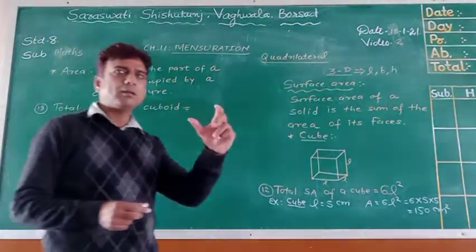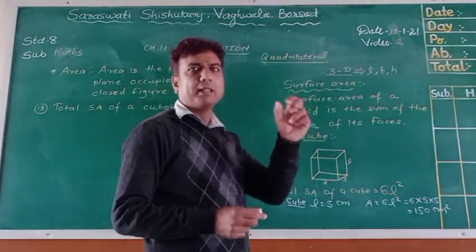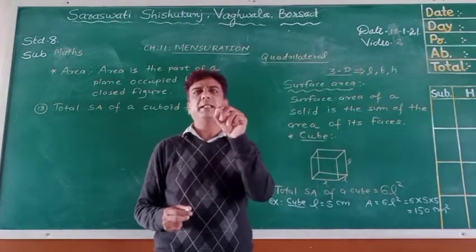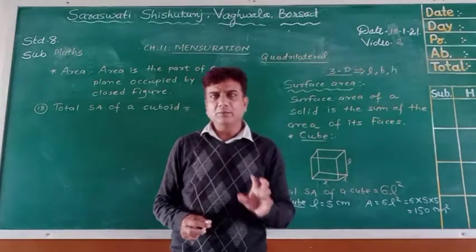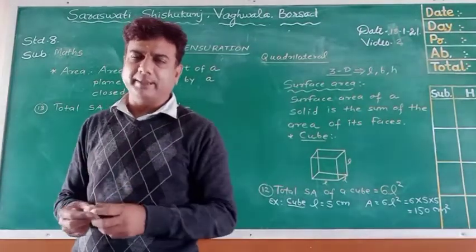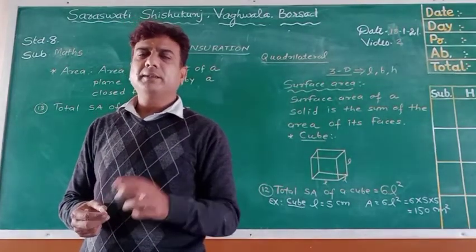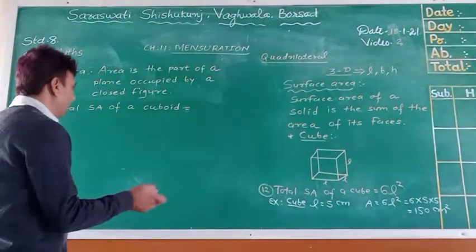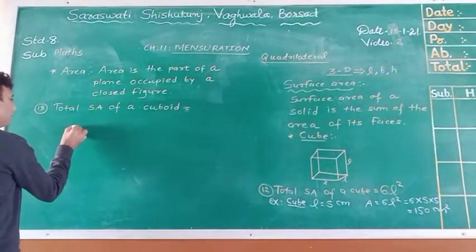But if length, breadth, height all are equal in measurement, that means we can say it is cube. But if the three measurements are not same, then we can say it is cuboid. So first I will do here one cuboid shape.